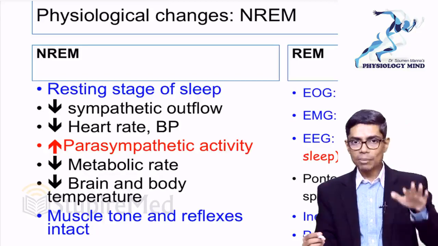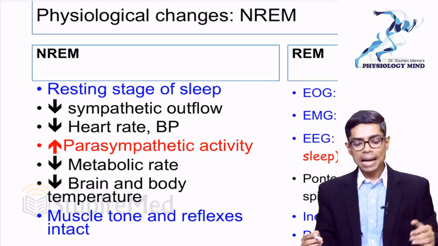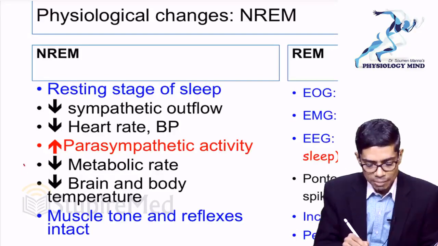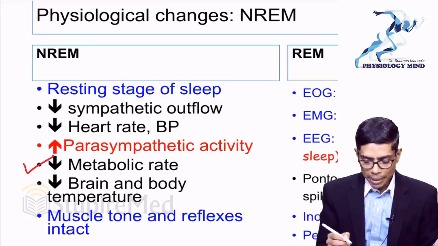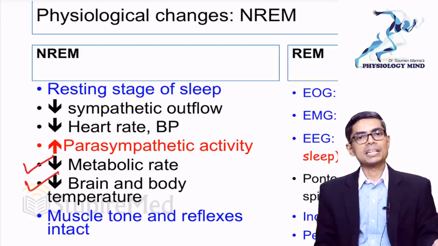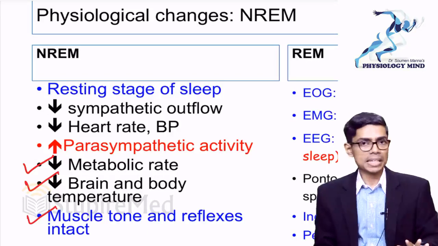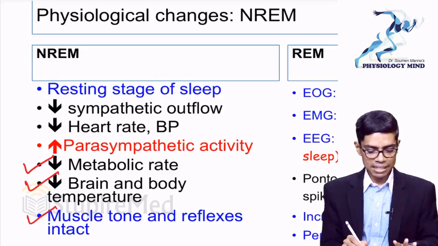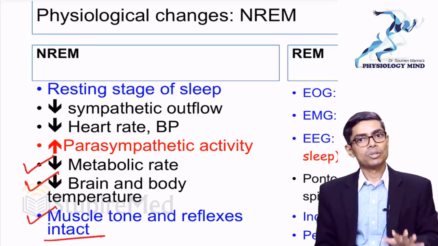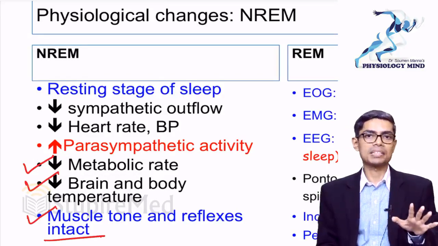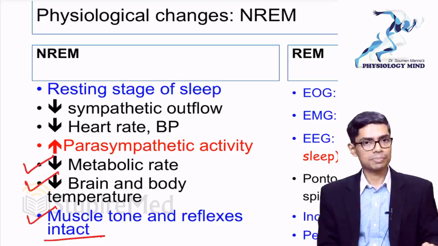The sympathetic system will be down and the parasympathetic system will be up. And if that is occurring, everything you can answer: metabolic rate will be decreased, brain and body temperature will be decreased, and muscle tone will obviously be decreased, but it will remain intact. It will not be lost. Intact means the tone will remain, but obviously lesser than in the awake stage.